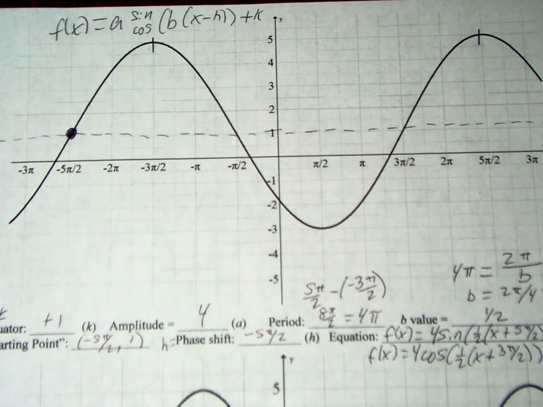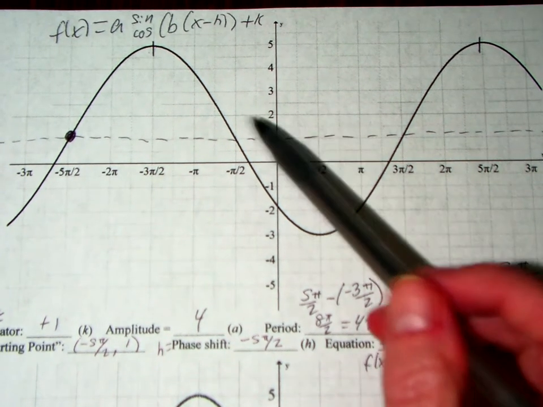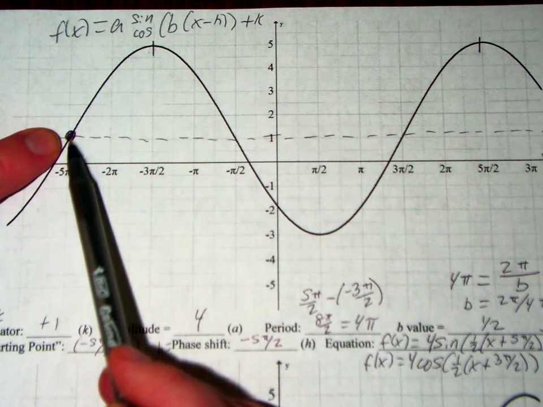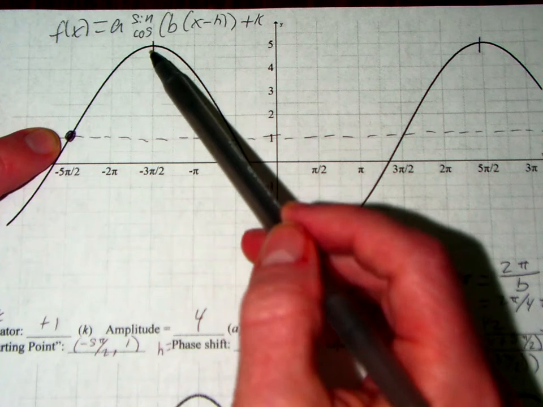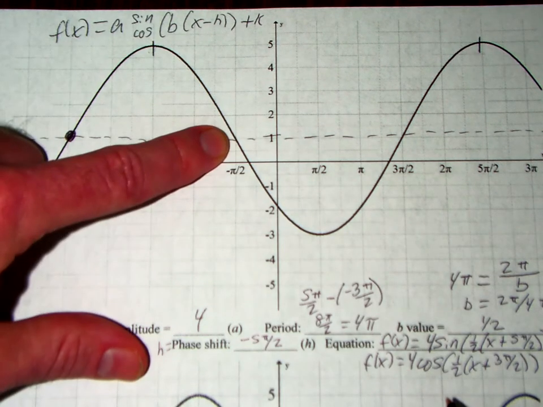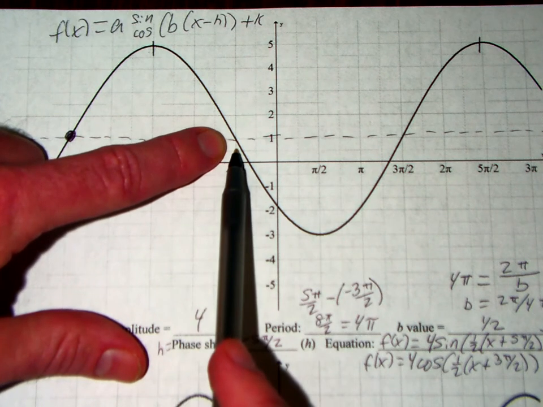Now, the last thing I'm going to say is about the amplitude. Again, that also affects where you're starting. Since I chose that point and it goes up, my amplitude, my a value, is going to be positive. Or on the second one, I chose a maximum, so my a value is positive. Notice, if I had chosen this point right here at negative pi over 2, it's still on the equator, that's still legal.